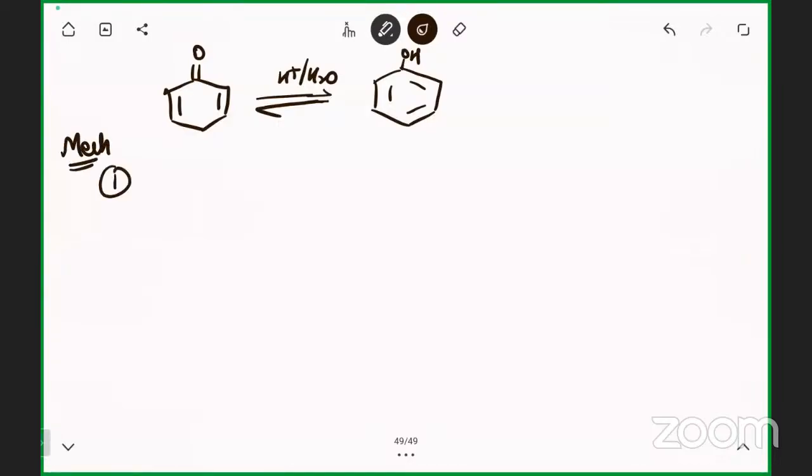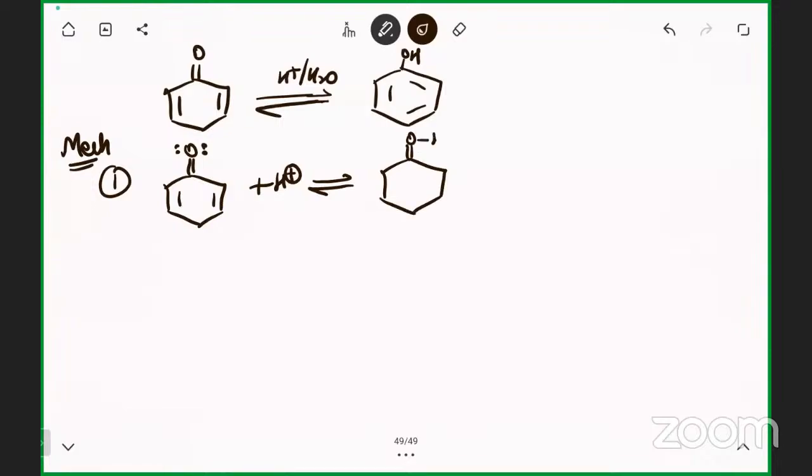In the first step, this compound will react with H positive ion, and it will form double bond O single bond H with the positive charge. The same lone pair will attract the hydrogen atom. Now what will happen? The double bond will migrate to this particular position, to the oxygen atom.